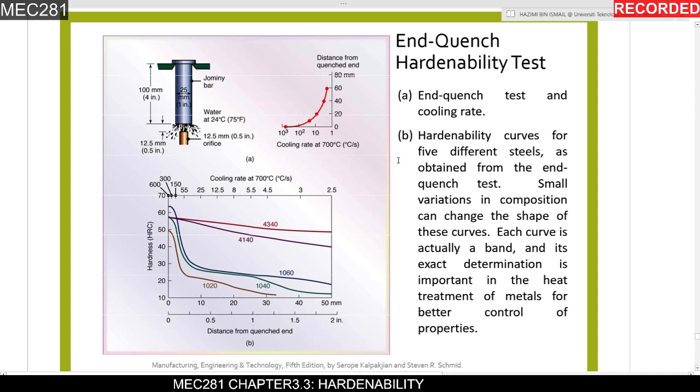Let's say they want high hardness, so they will control the quenching process. Maybe they can control the cooling rate to get the desired hardness of the material.